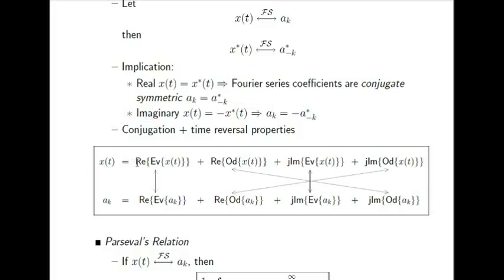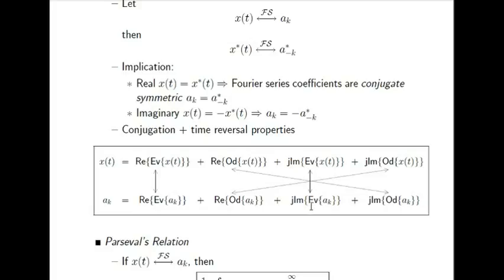So this is the general graph of this property, that for a signal x(t) you can have these four parts. The real part can have an even part and an odd part, as I told you in the first tutorial, even parts and odd parts of a signal. Any signal can be broken into an even part and an odd part, and the imaginary part will also have an even part and an odd part.